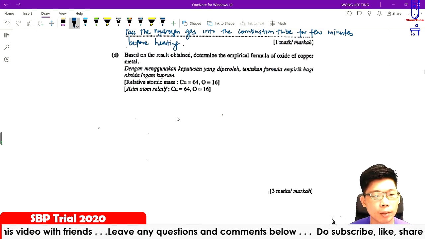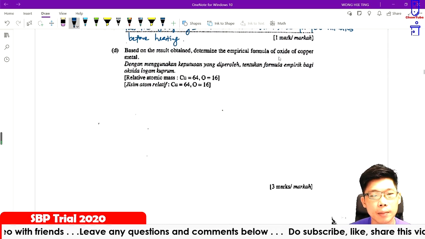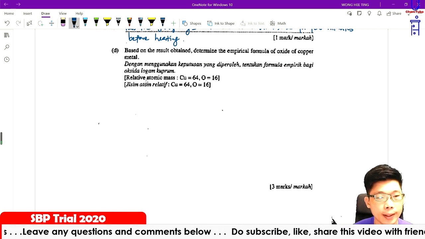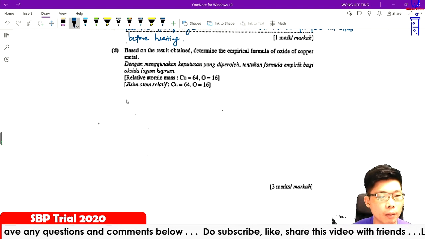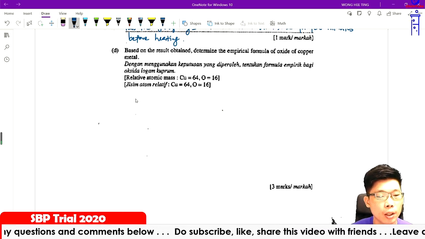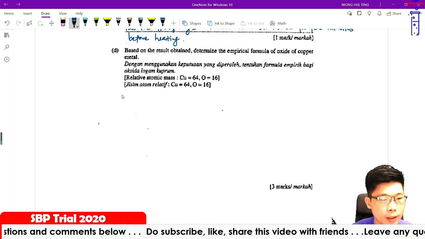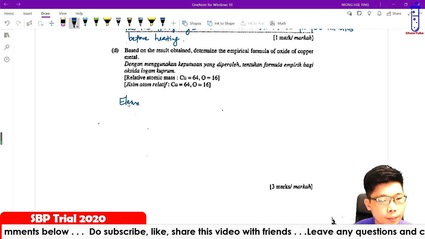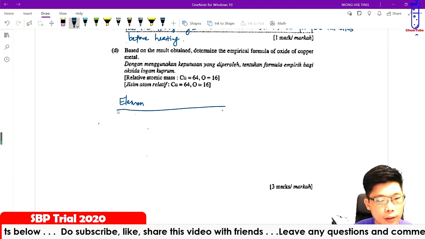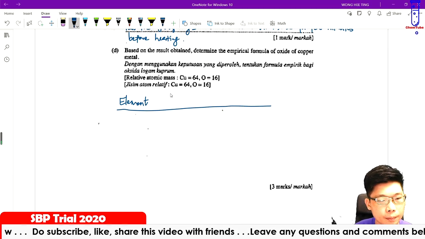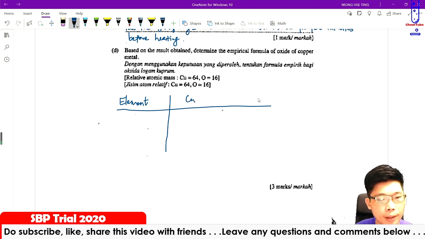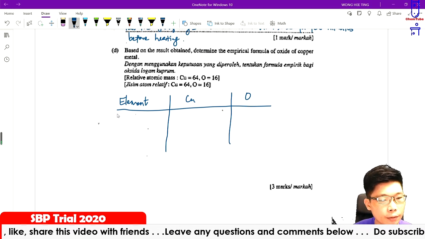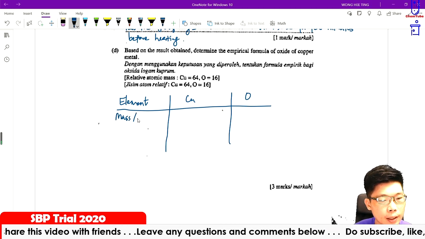Based on the result, determine the empirical formula for the oxide of copper metal. Like this, we normally encourage the students to draw a table. We start with the elements. There are 2 elements here: we have copper, we have oxygen, O. The first row is the mass, in gram.